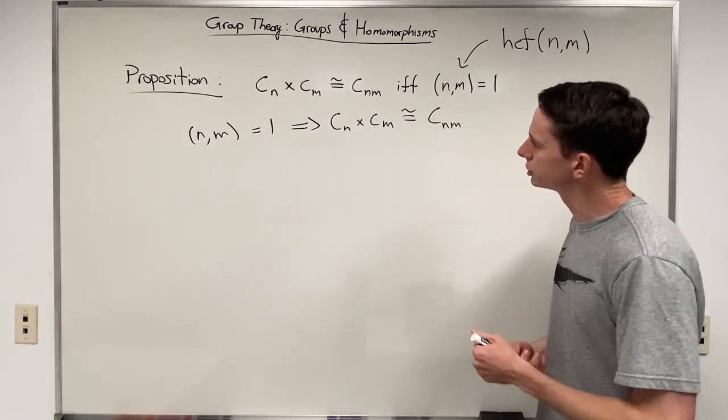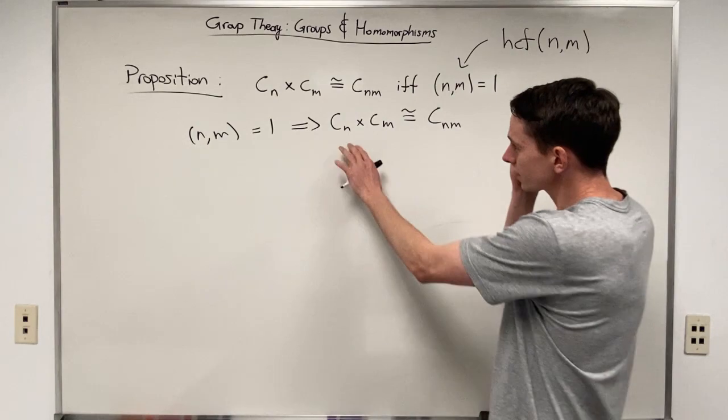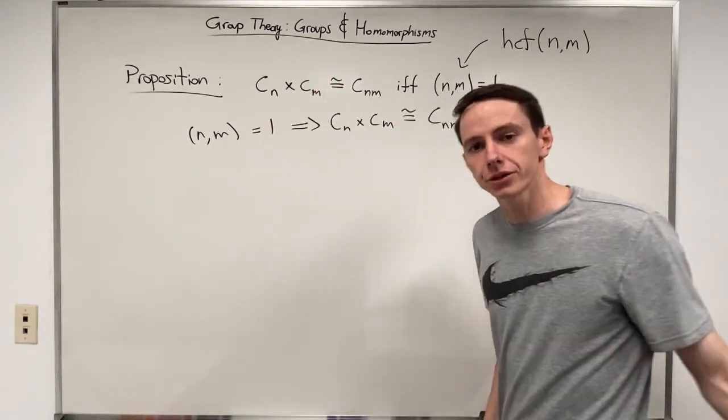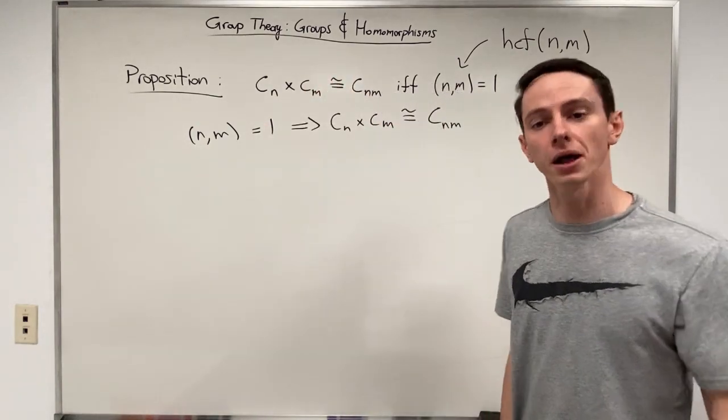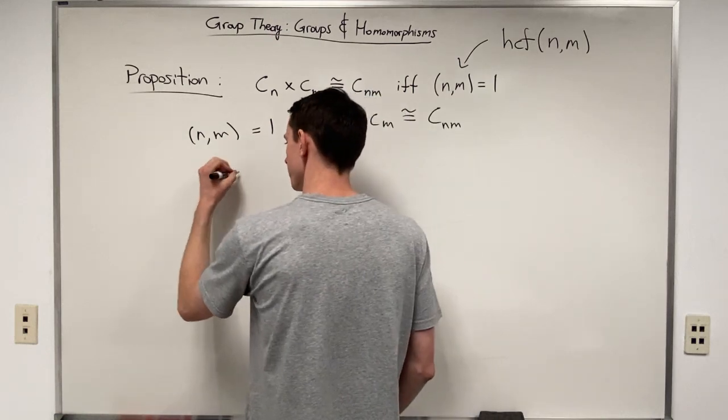To start, I want to just introduce some notation. We know that if we have a cyclic group, then it's generated by a single element. That's what it means to be a cyclic group, right?